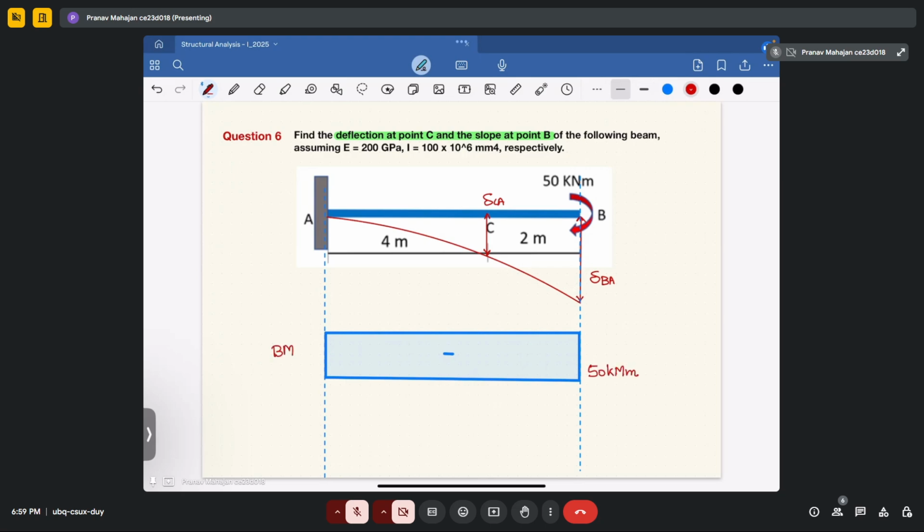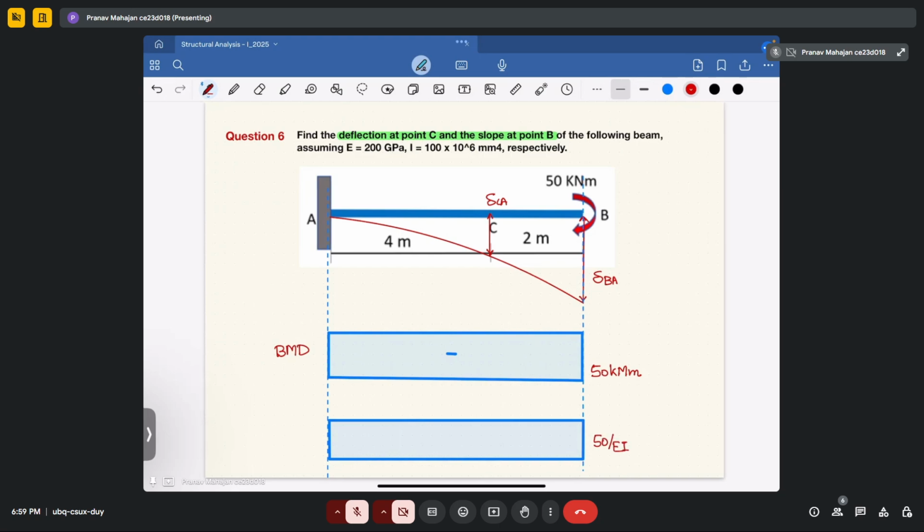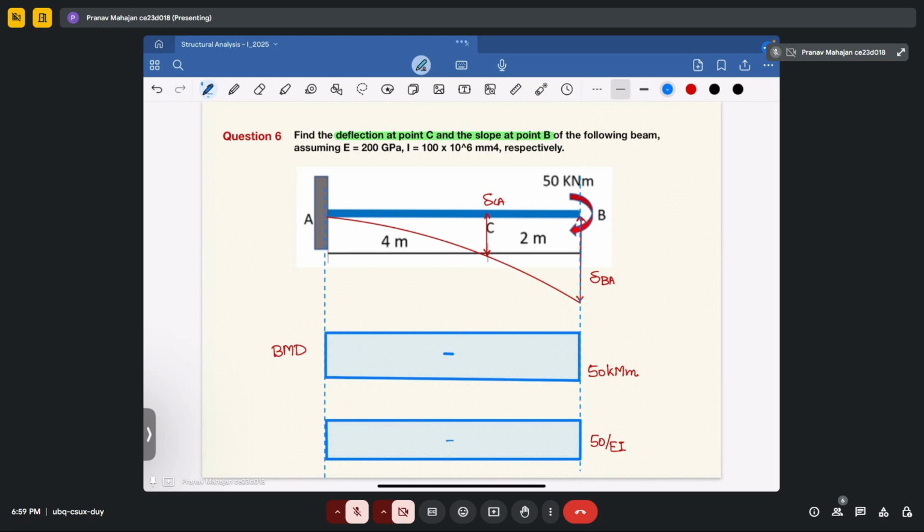This is your bending moment diagram. Now convert this into the M upon EI diagram. How will it look? Same as the bending moment diagram, but now the value will be 50 upon EI with a negative sign. Okay, so this will be your M upon EI diagram.